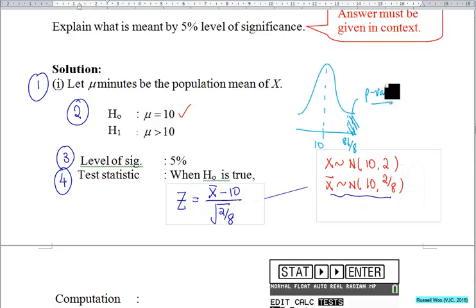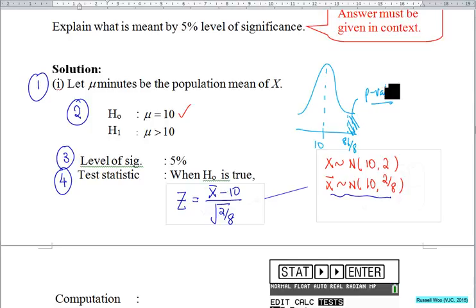Now, this is the p-value. This is the probability of obtaining a value as extreme as the observed value. The smaller the p-value, the more evidence you have against H naught. One more time.